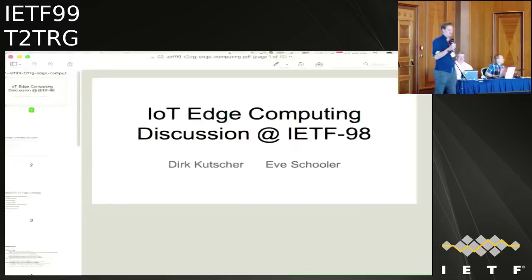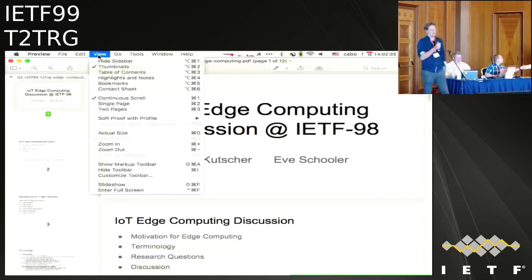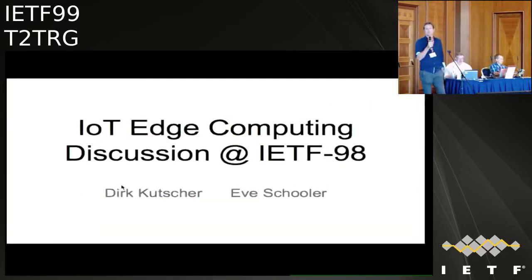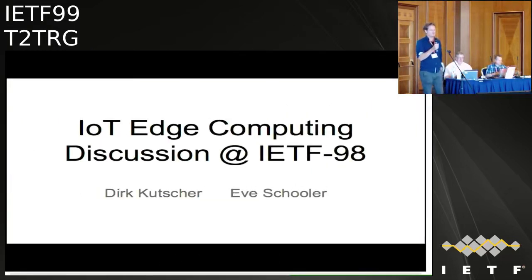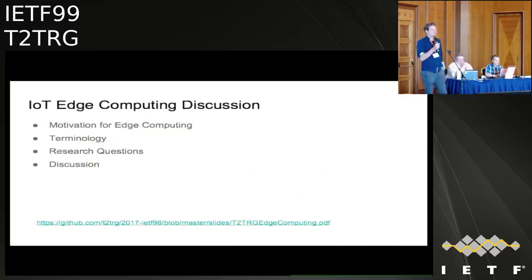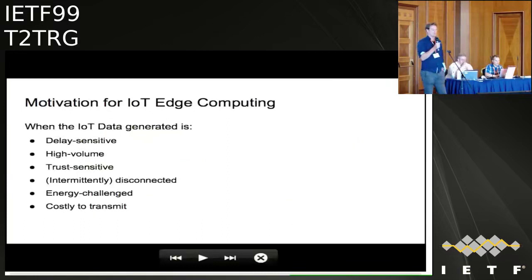And yeah, there's a little structure that we made up ad hoc at the meeting. I was trying to understand what we actually mean when we say IoT edge computing, so, terminology. Firstly, the question: why would you actually do edge computing in IoT? Why are people thinking about this?